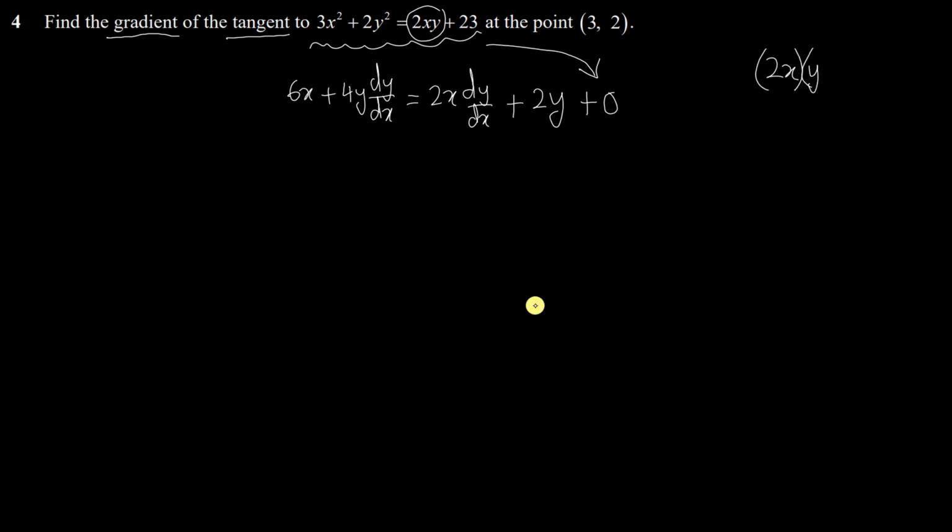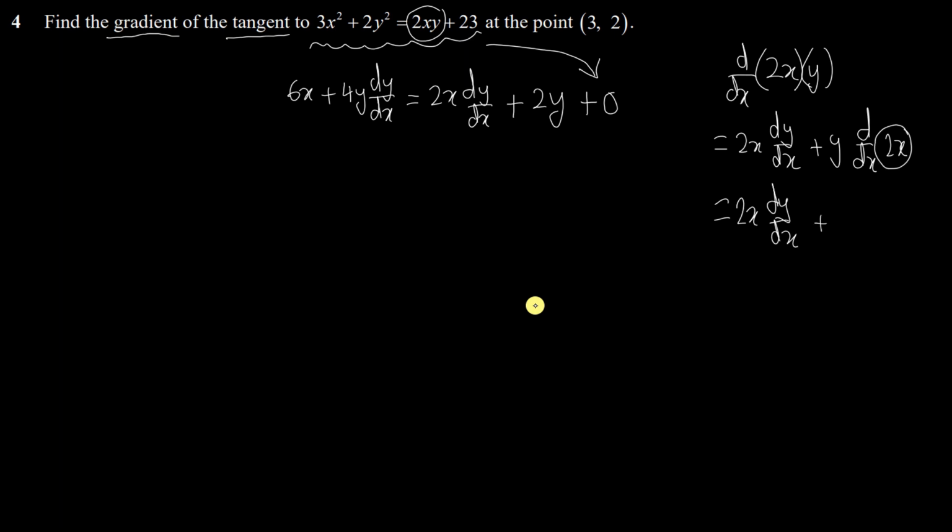Just apply the product rule, u v: 2x dy/dx plus y into d/dx of 2x. So the first one is 2x dy/dx, and the next one, 2x if we differentiate we get 2, so it becomes 2y. From there we wrote this part.